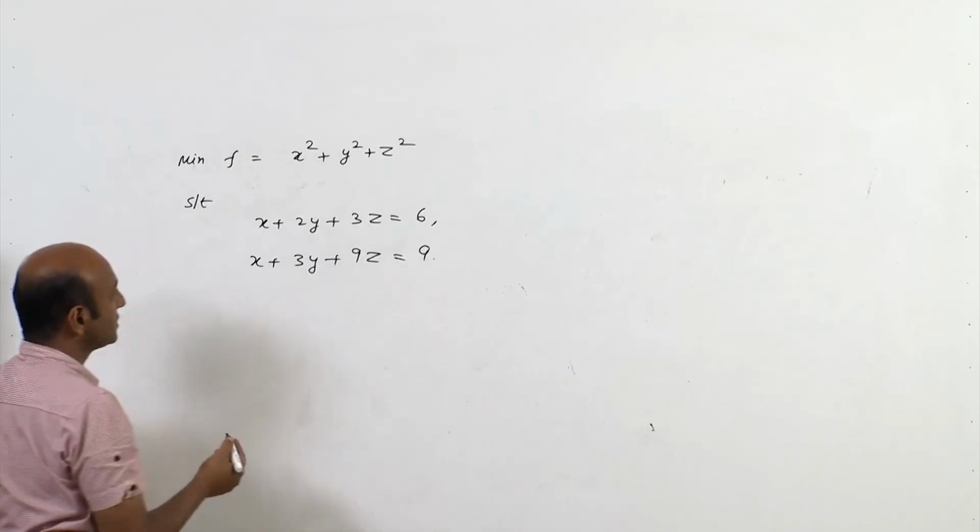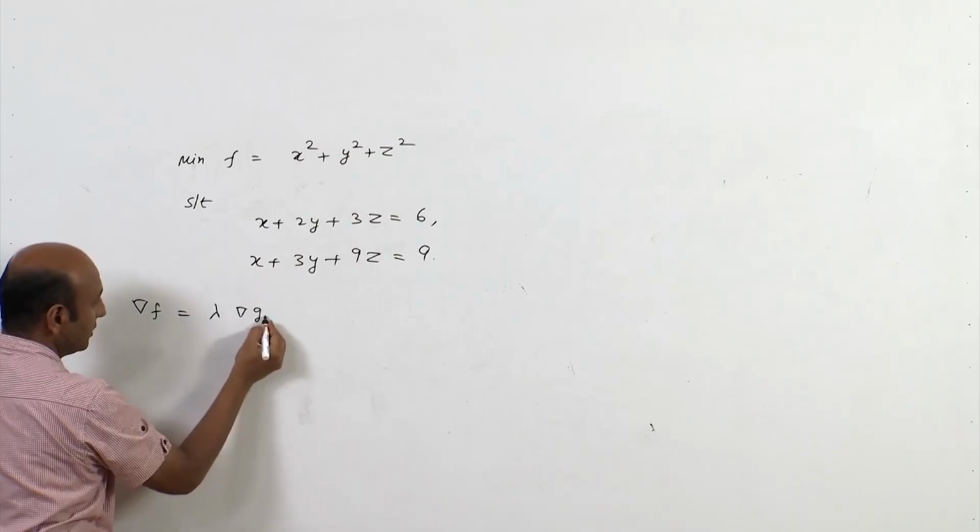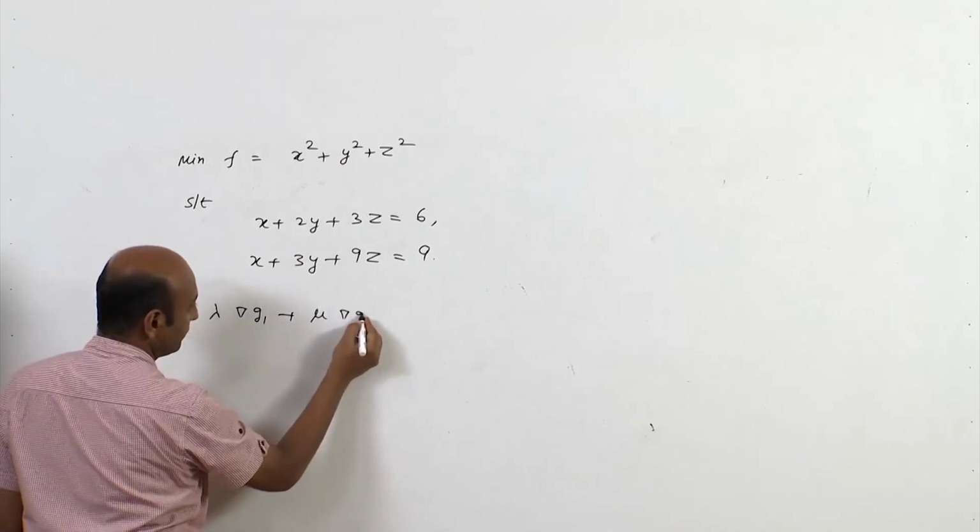So how can we solve this? The gradient of f we can take as lambda times gradient of g1 plus mu times gradient of g2.